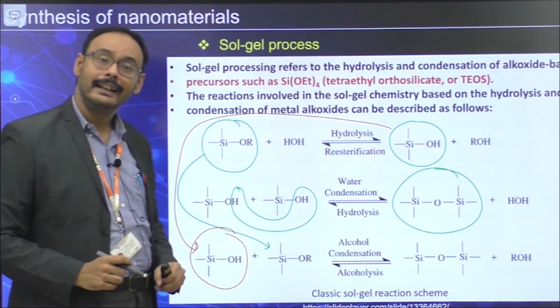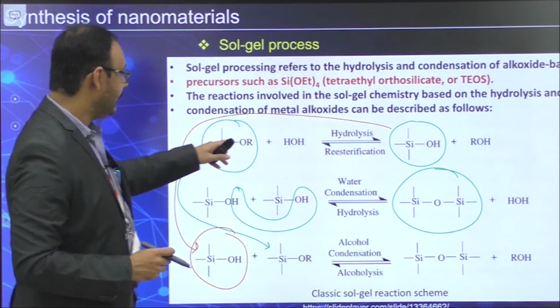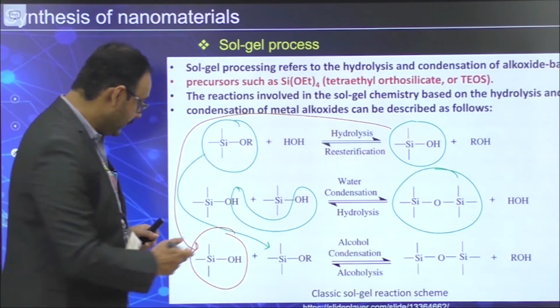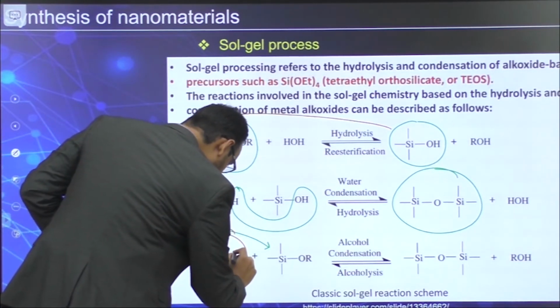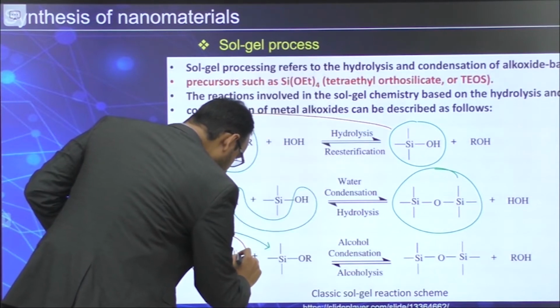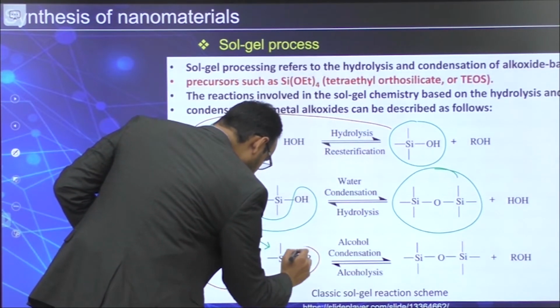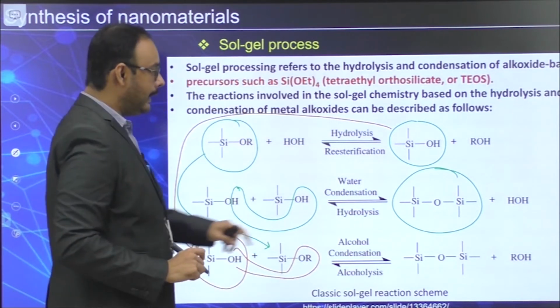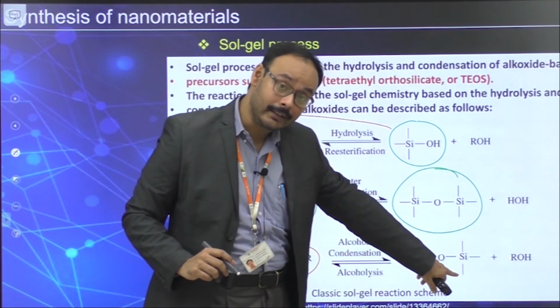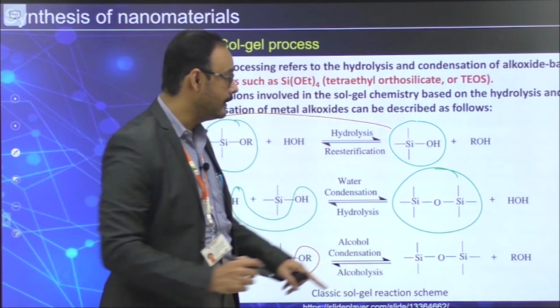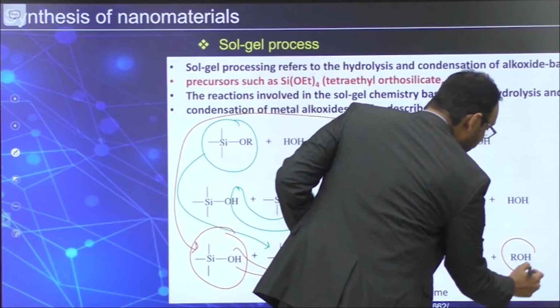Once you have that, again there is a possibility, like the way that we have removed ROH, you can remove ROH like that here also. And you will end up having the same product, same linkage, SiO-Si linkage, but your byproduct is going to be ROH.